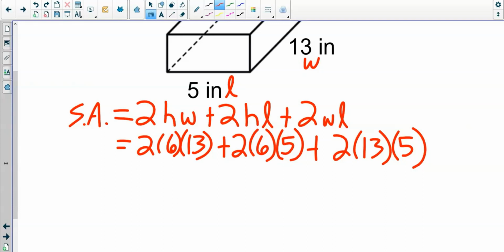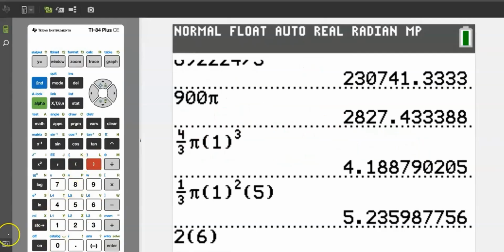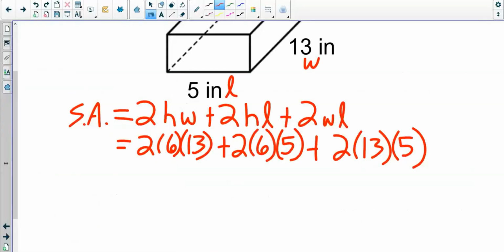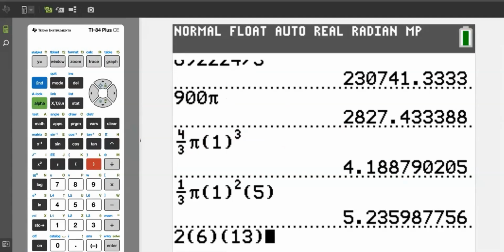So 2 times the height, 6, times the width, which was 13. And then we'll have 2 times 6 times 5. So plus 2 times the 6, which is the height, times the length, which is 5. Plus 2 times the length, which is 5, times the width, which is 13.